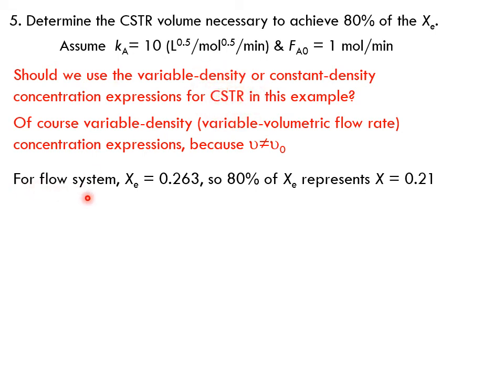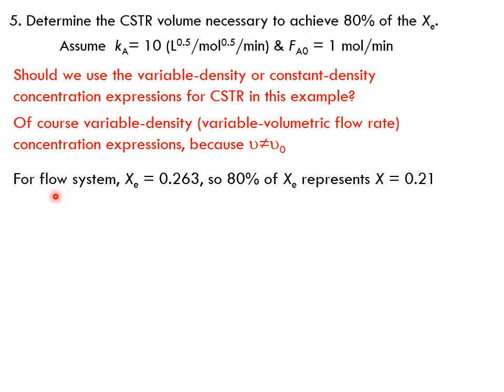And of course, we are asking ourselves, do we have a variable volumetric flow rate system or a constant volumetric flow rate? So we don't ask if we have a constant volume system or not, because we're talking about a flow system, and what affects the concentration is the volumetric flow rate, not the volume.